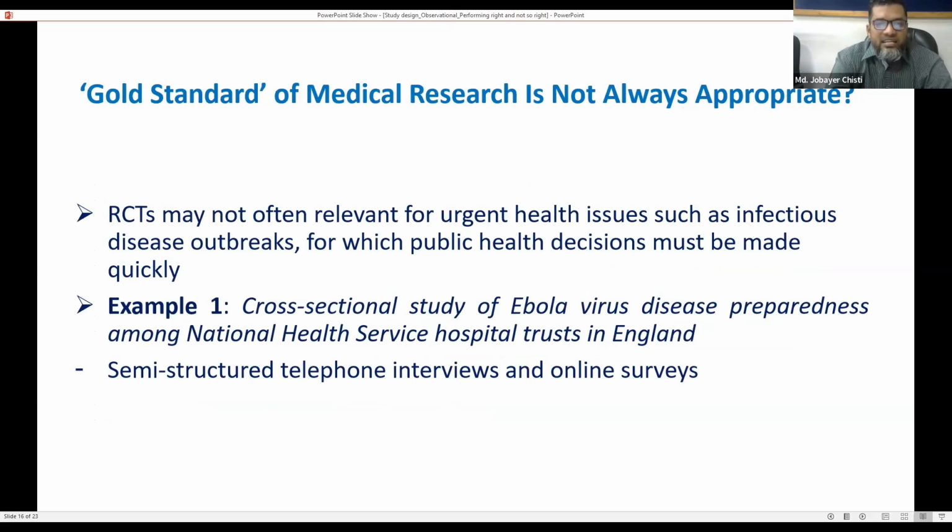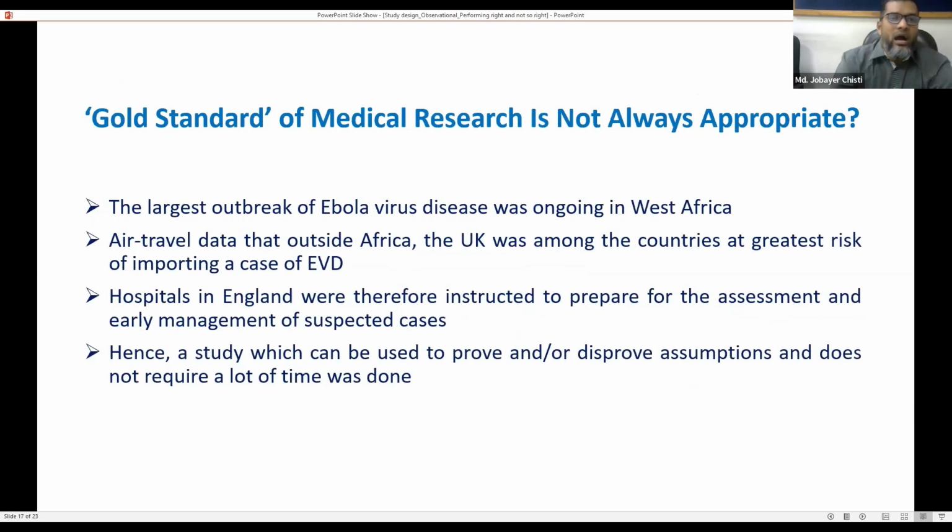Semi-structured telephone interviews and online surveys were used to understand how air travel data outside Africa, especially in the UK, can be used to reduce the spread in the UK.